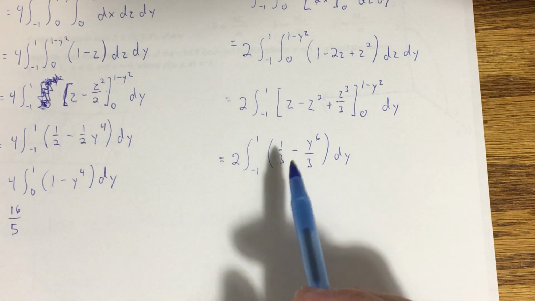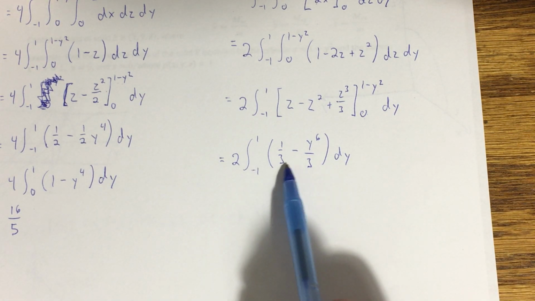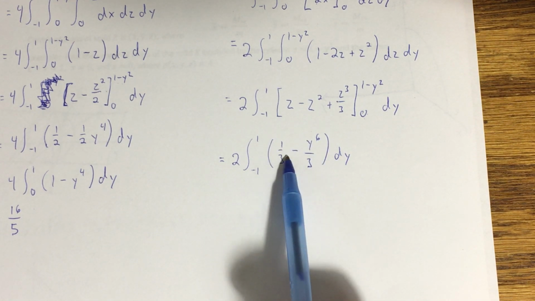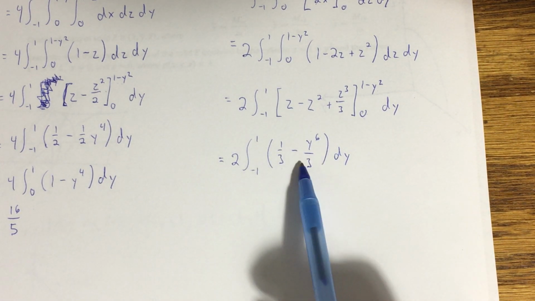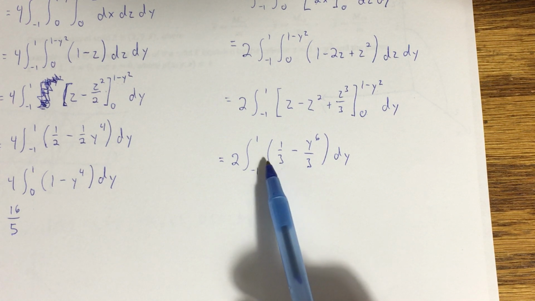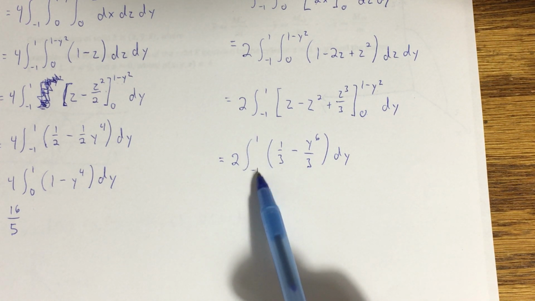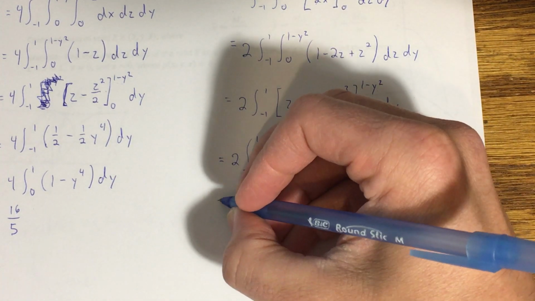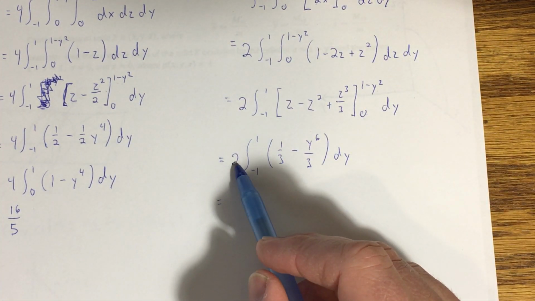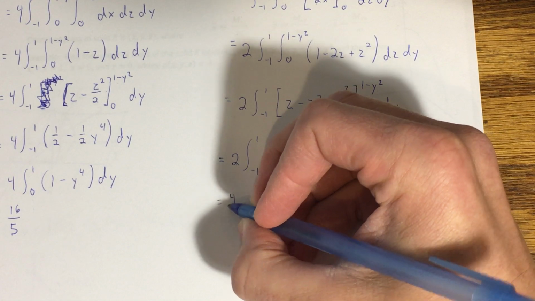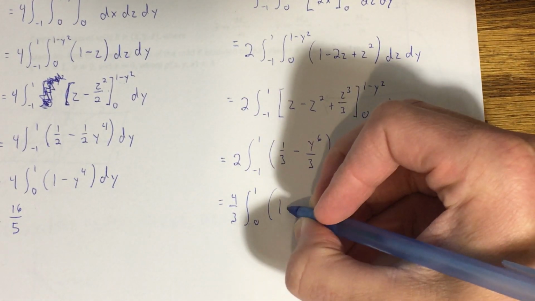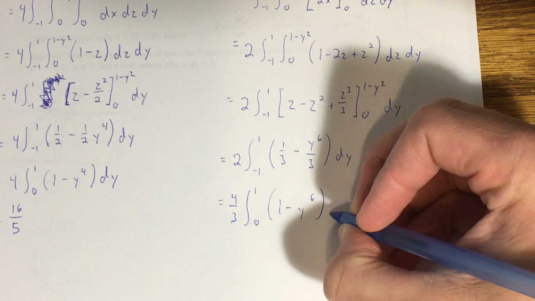First of all, I'm going to pull a 1/3 out to simplify, and then I'm going to use the fact that this is also an even function, just like what we had over here, to change the limits of integration from 0 to 1, and then double that integral. So pulling the 1/3 out gives me 2/3 here, doubling it gives me 4/3, and I get to double it because I'm changing the limits here. I have 1 minus y to the 6th dy.